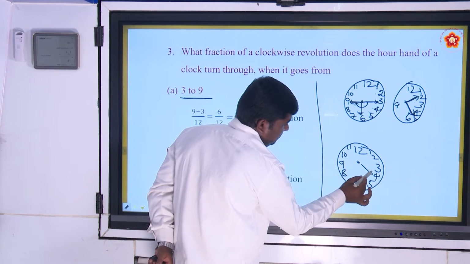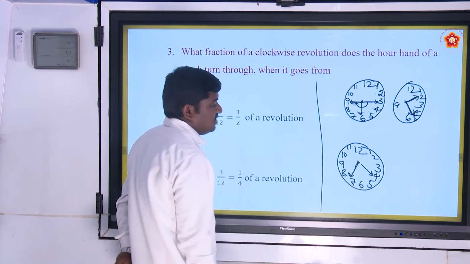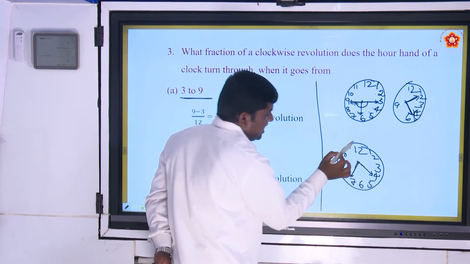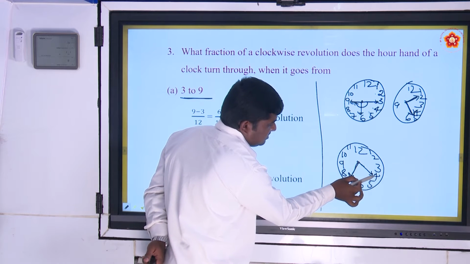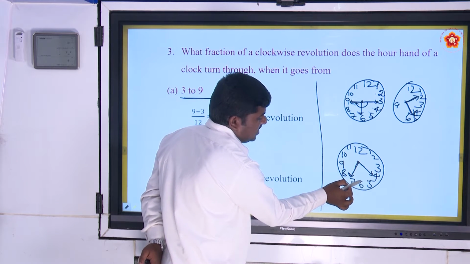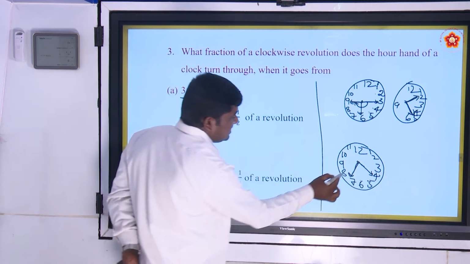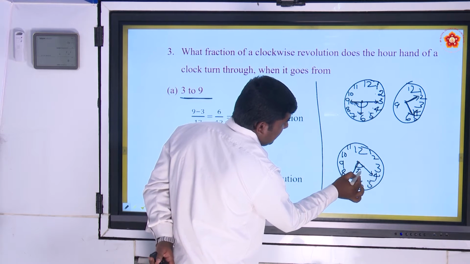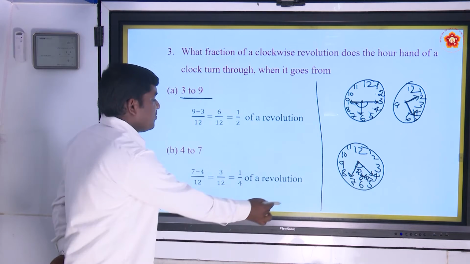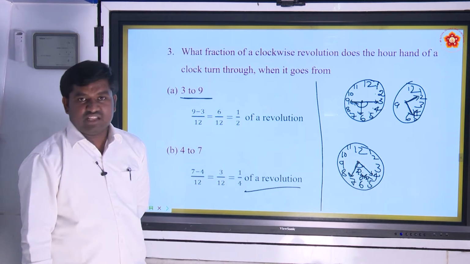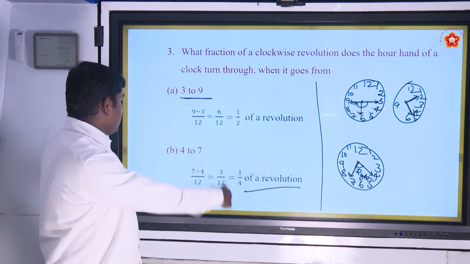This is 4 to 7, which means the clock hand moves 3 digits: 4 to 5, 5 to 6, 6 to 7, 3 steps. So this is also a right angle. A right angle has 1 by 4th of a revolution. This is the method to find out the answer.